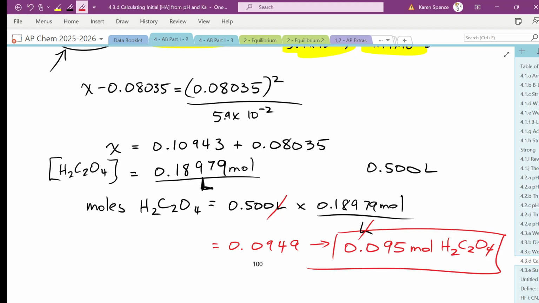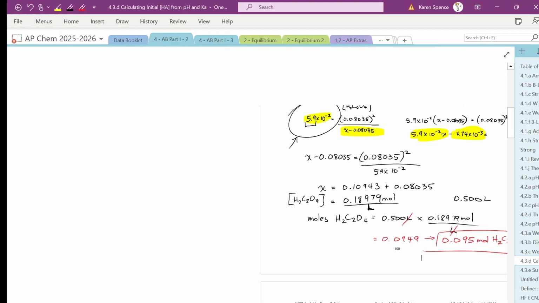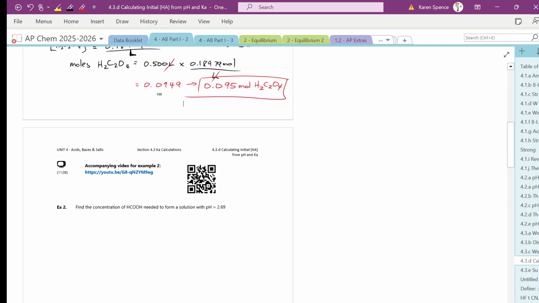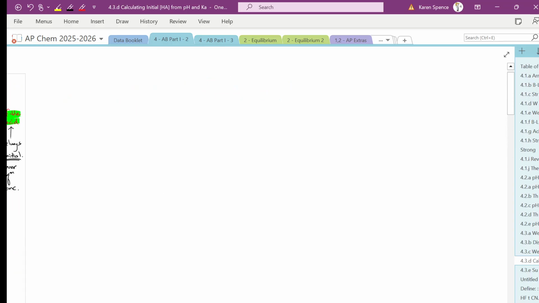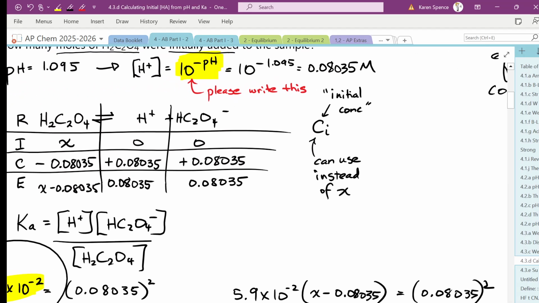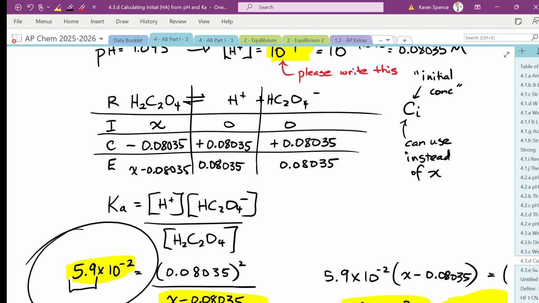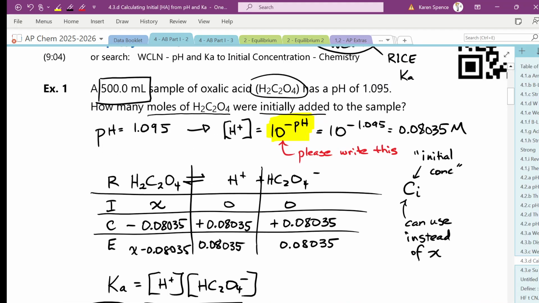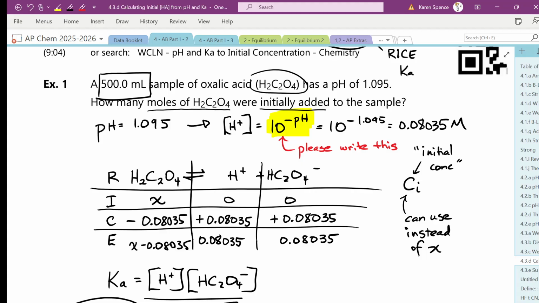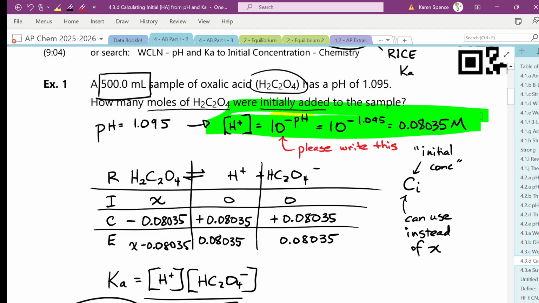Okay. So you have now learned all 3 types of Ka problems. You got to 0.0835 from plugging the pH into the concentration of the hydrogen, right? Yes. So it was like H plus is equal to 10 to the power of negative 1.095. Right there. You good?